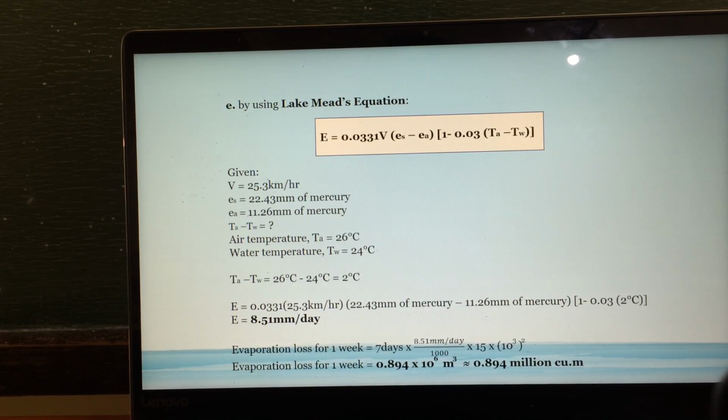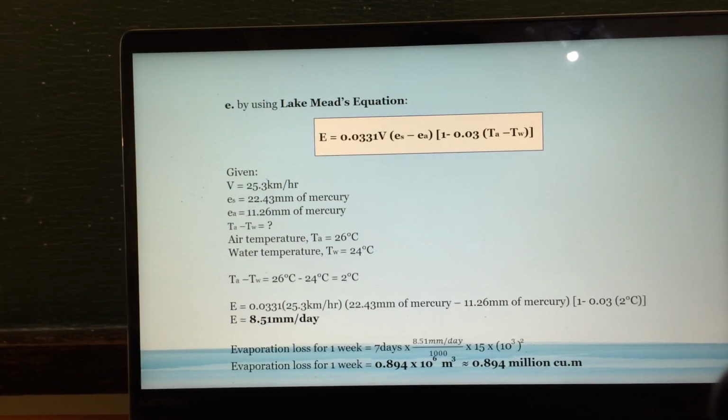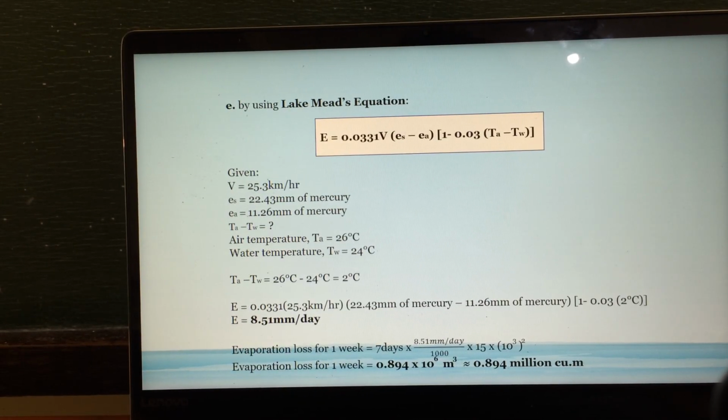E is equal to 0.0331 times 25.3 km per hour times the quantity of 22.43 mm of mercury minus 11.26 mm of mercury times the quantity of 1 minus 0.03 times, substituting the value of the change in temperature, 2 degrees Celsius. E is equal to 8.51 millimeter per day.